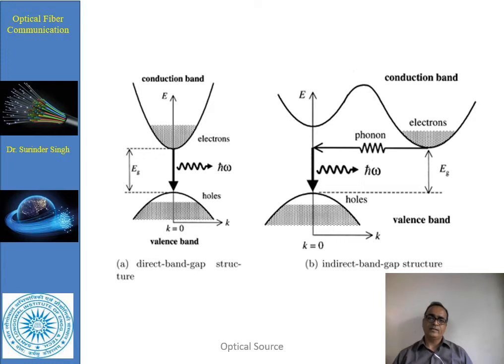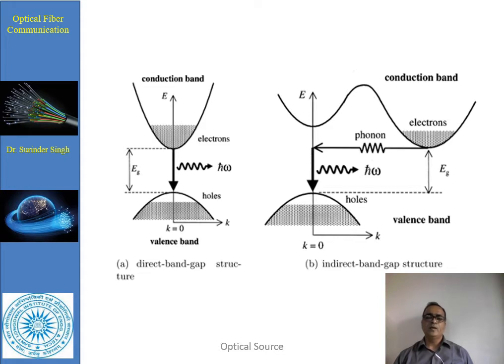So let's say for the case here, above we have represented the conduction band and at the bottom the valence band. Here is a large number of electrons, here is a large number of holes, and we assume that the momentum of the system is conserved here.